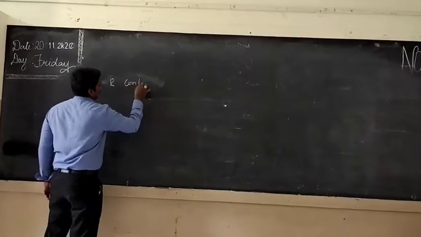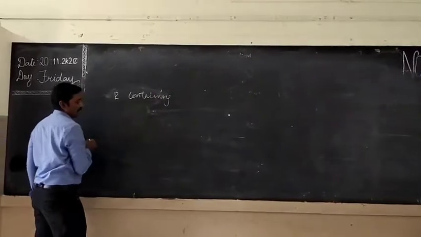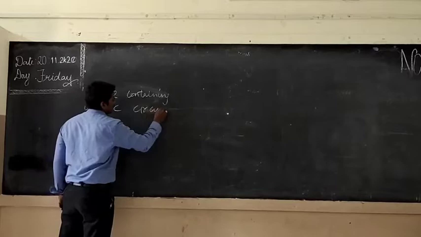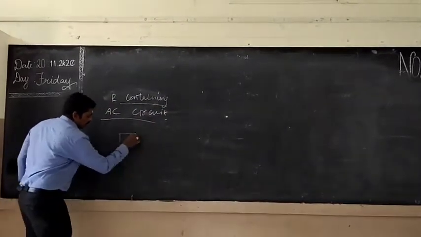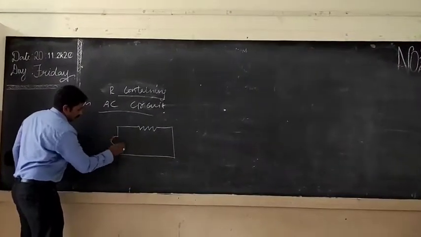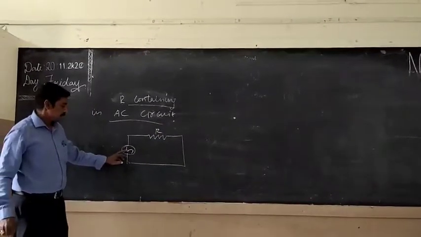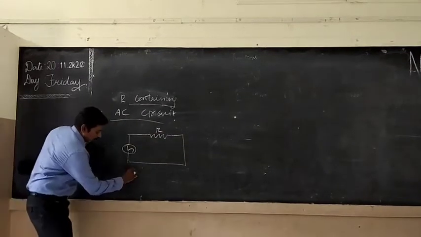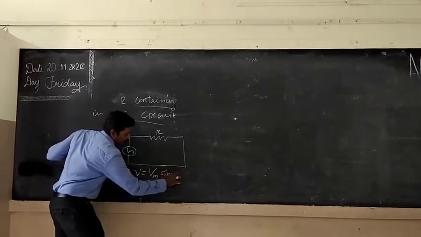Consider an AC circuit containing a resistor R. This is the AC circuit. The circuit has a resistor R, and this is the applied voltage V is equal to Vm sin omega t.